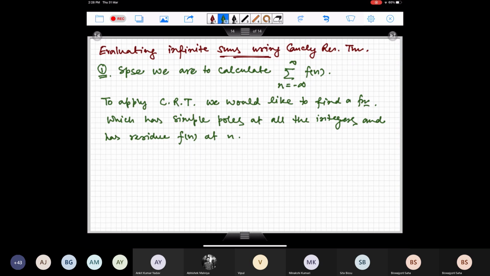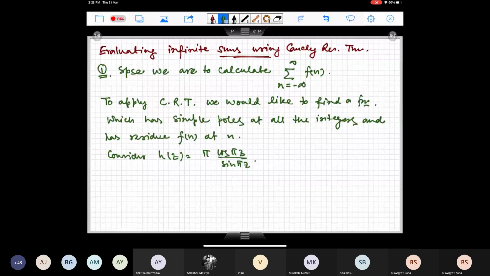So that's the reason why I will take that. Consider h of z equal to pi cosine pi z divided by sine pi z.